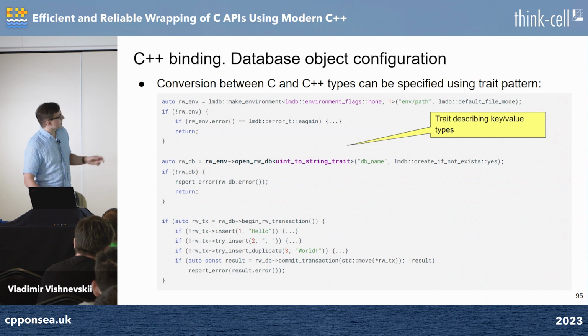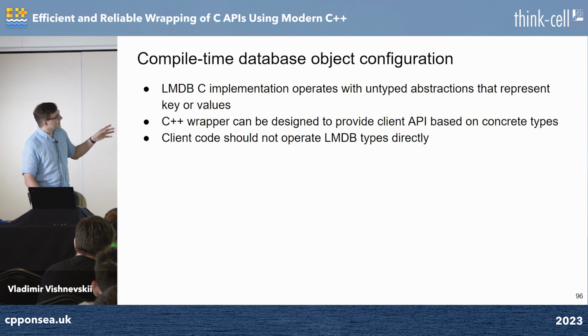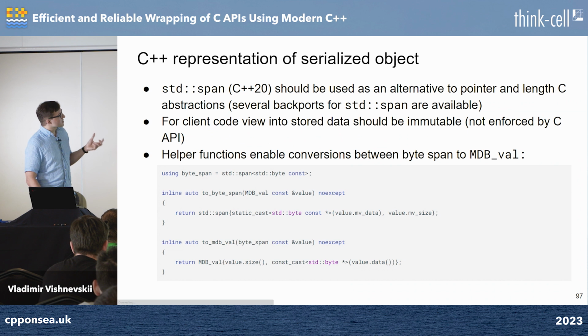Generally we can design this, and what is also important is that we should, in any case, prevent the client code of the repo from operating with the LMDB types directly. So first of all, MDB val, sorry, should not be visible for the client, regardless of what kind of interaction is happening.